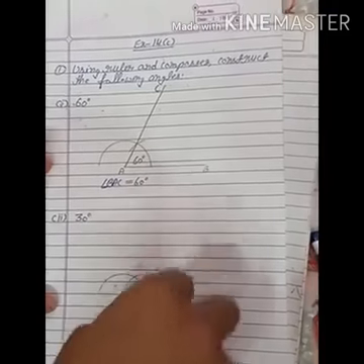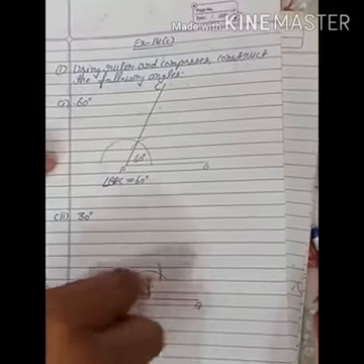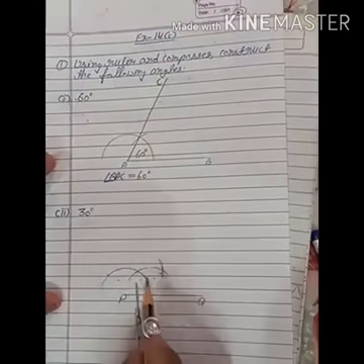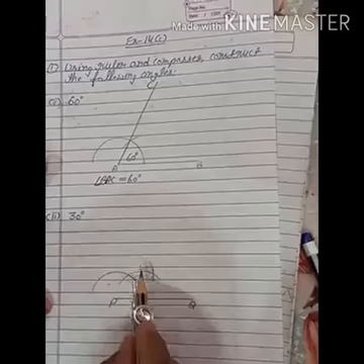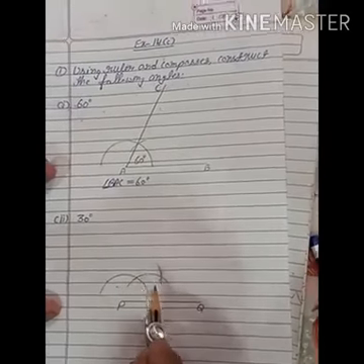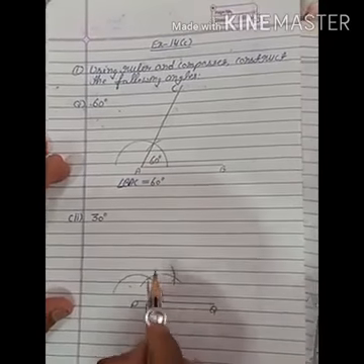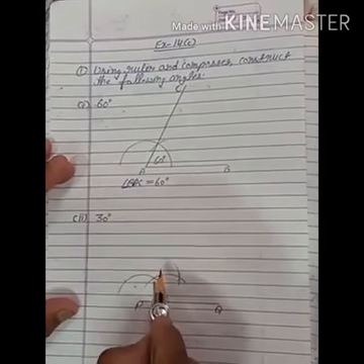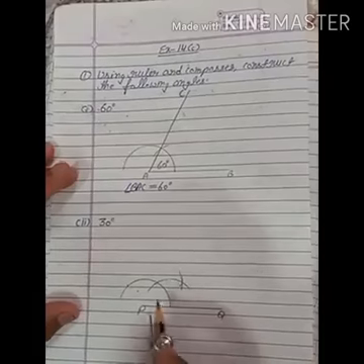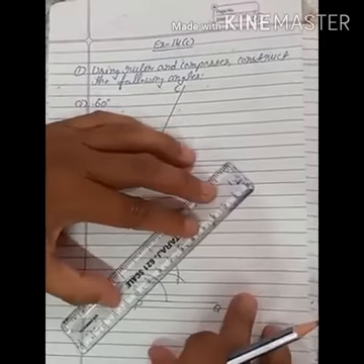So it means we have bisected this 60 degree angle. To bisect the 60 degree angle, we have cut one arc from this point and one arc from this point, both the ends.